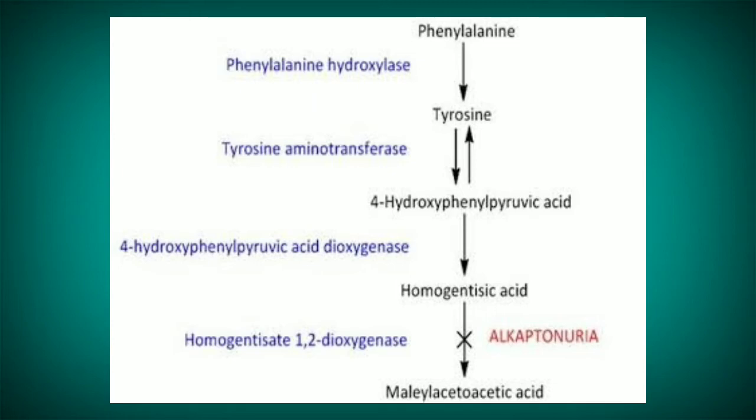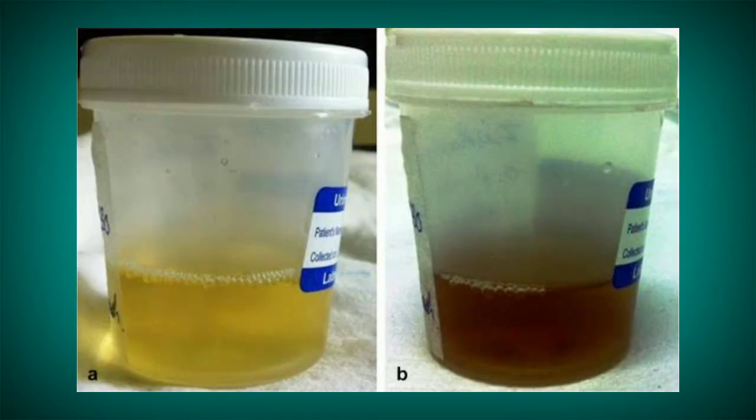Because of the deficiency or non-production of this enzyme, homogentisic acid couldn't be converted into maleylacetoacetic acid, and this homogentisic acid starts accumulating in the tissues, and slowly gets transferred to other organs in the body.